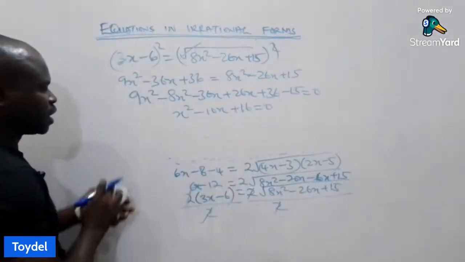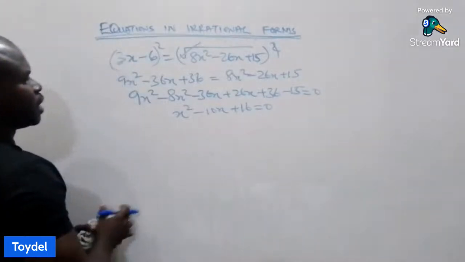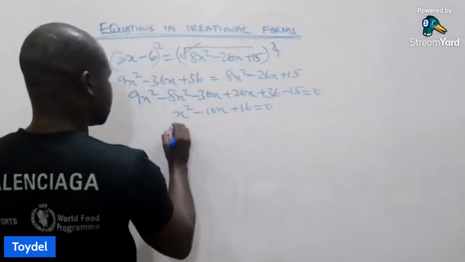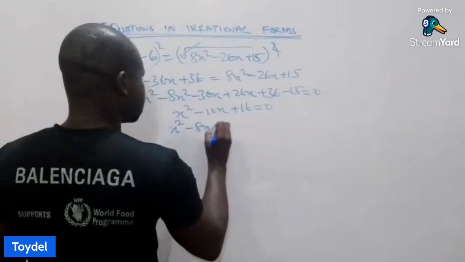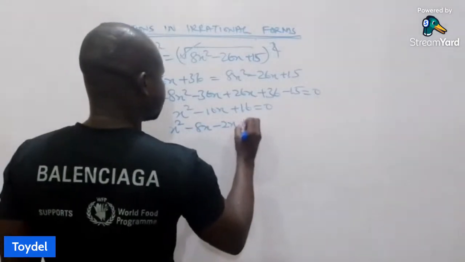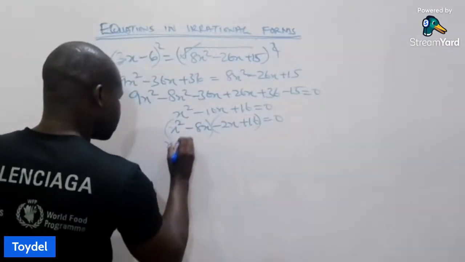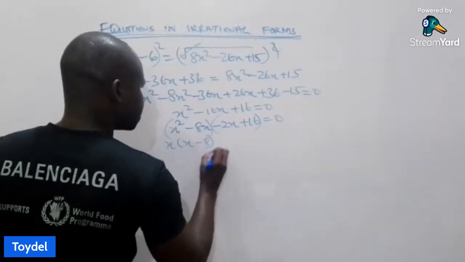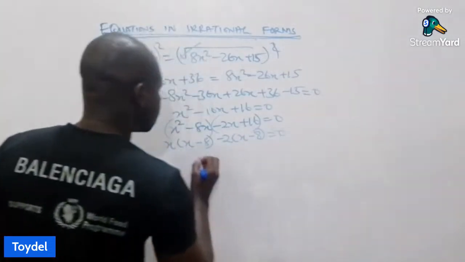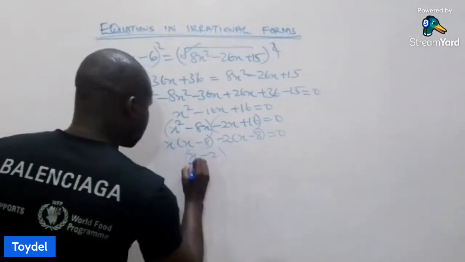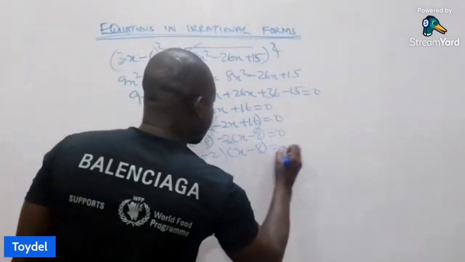So we've gotten a quadratic equation. Then I'm going to factorize this. I'm going to have x squared, 16, that will be minus 8x minus 2x plus 16 equal to 0. Go ahead and group. x is common, I will have x minus 8. The minus 2 is common, I will have x minus 8. That will be equal to 0. So I can have x minus 2, combine these two, and then x minus 8 equals 0.